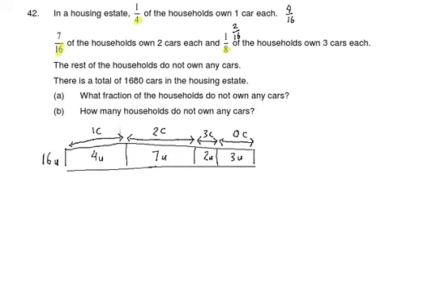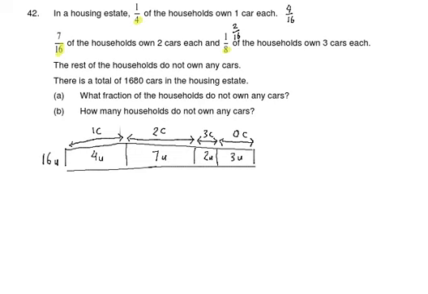Okay. So there is a total of 1,680 cars in the housing estate. What fraction of the households do not own any cars? To know what fraction, it is 3 over 16, yes or no?